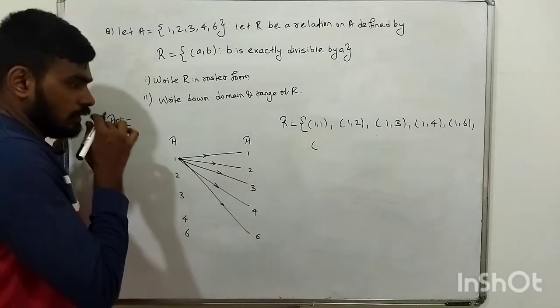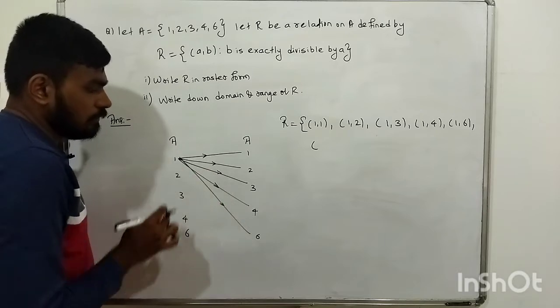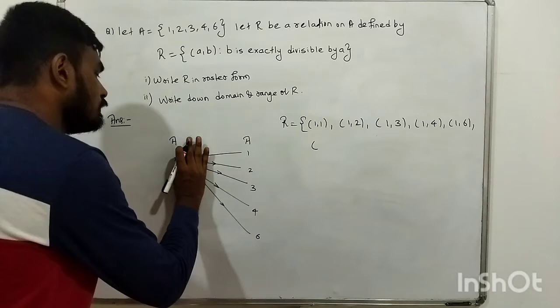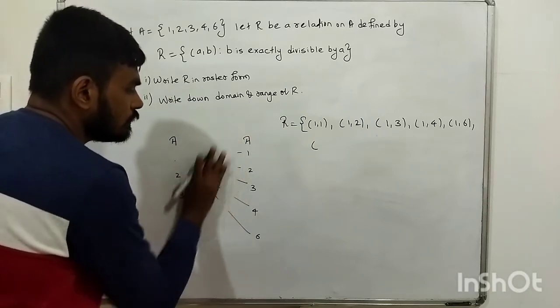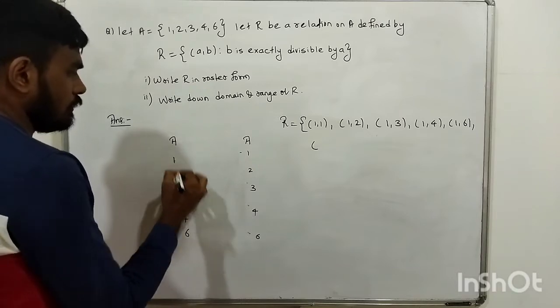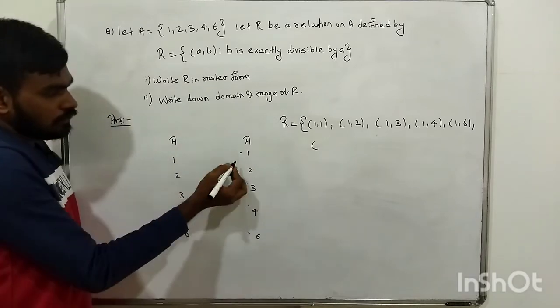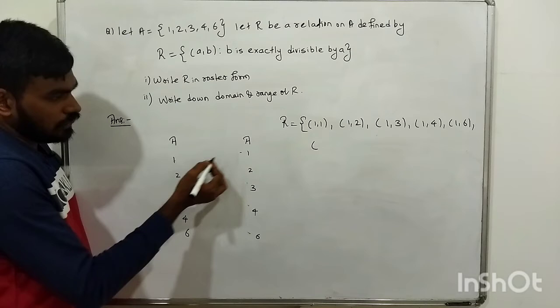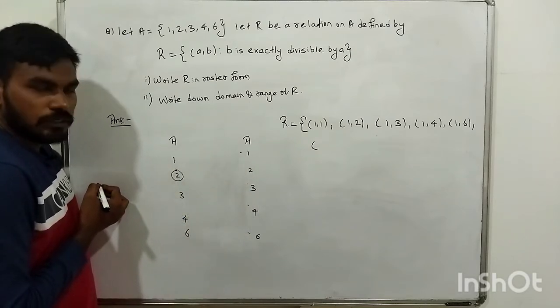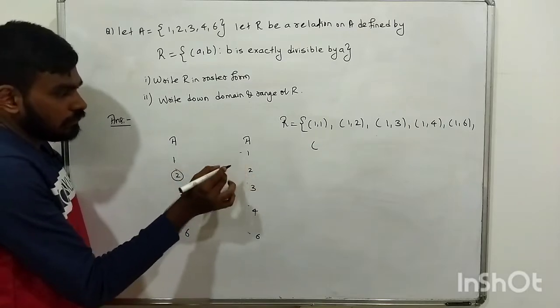Next we'll check for 2. Again, since this will look congested, I'll rub this. We'll check for 2. So 1 upon 2 is half, so this we can't take.